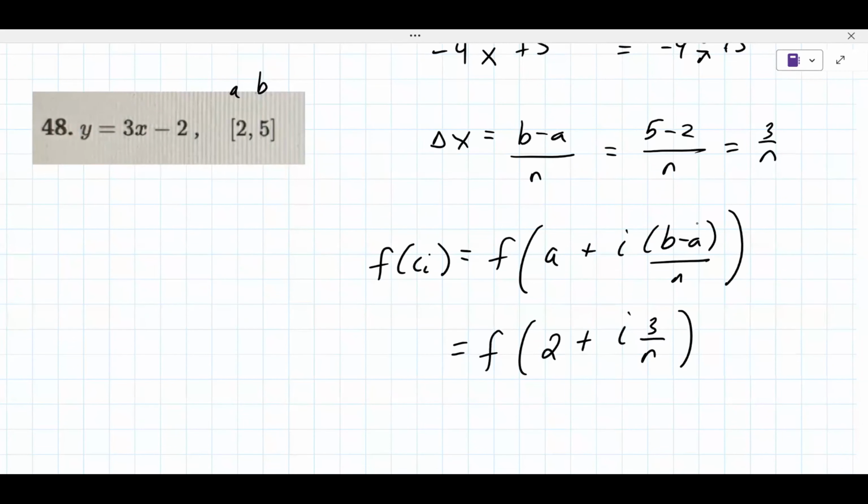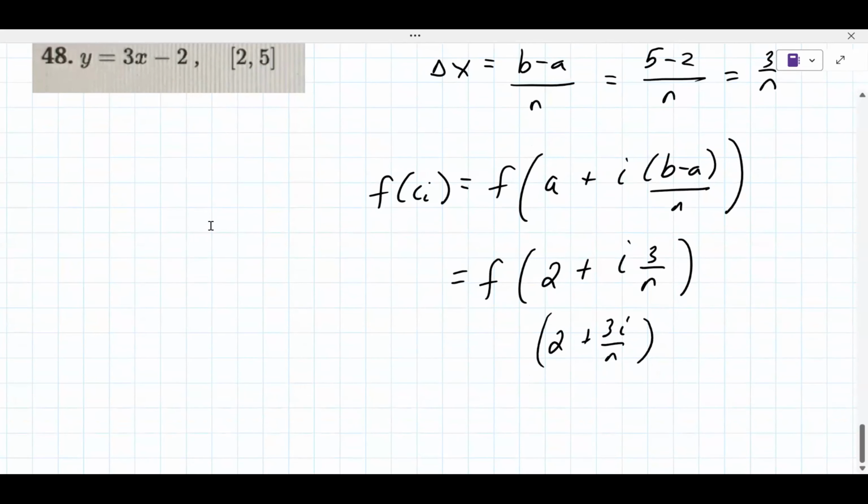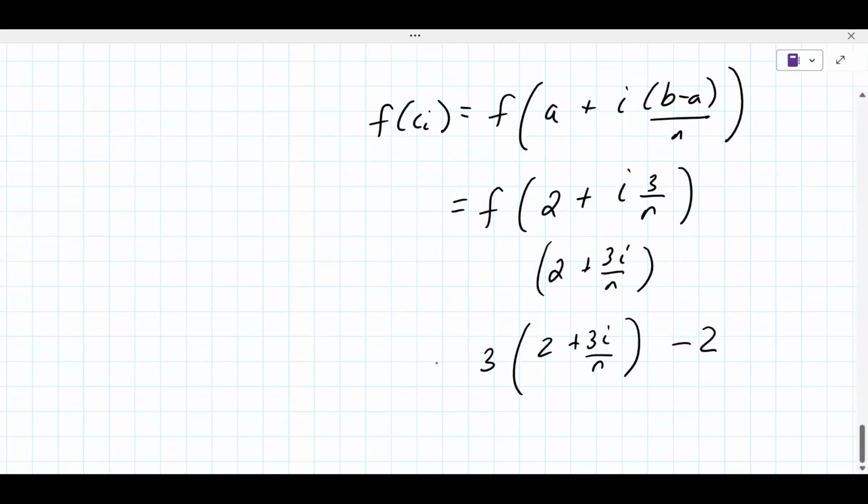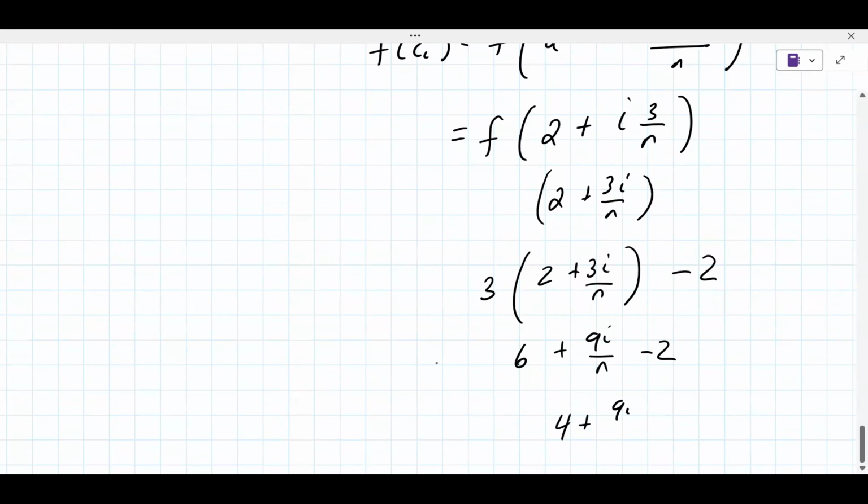And now you're putting this 2 plus 3i over n back into the function here. So it's 3 times (2 plus 3i over n) minus 2. And you should simplify because you probably will on the test. So it's 6 plus 9i over n minus 2, or 4 plus 9i over n.